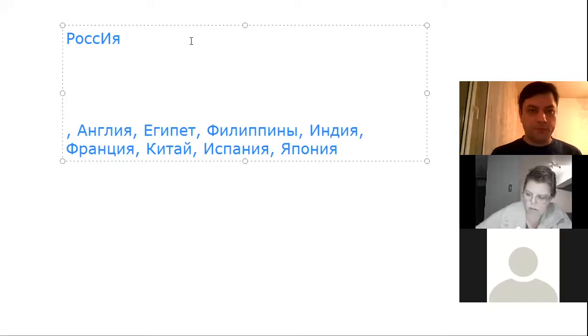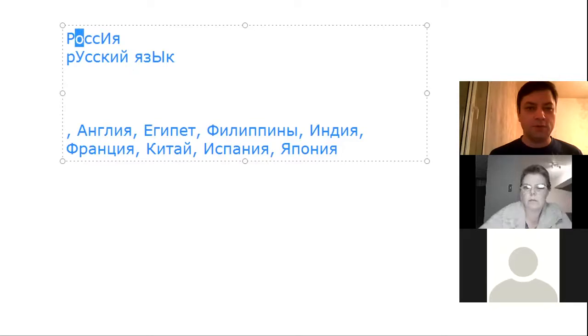Then the Russian language would be русский язык. Also, you might ask me a question, why Россия is written with O and русский язык is written with U, and it is because of some historical reasons.